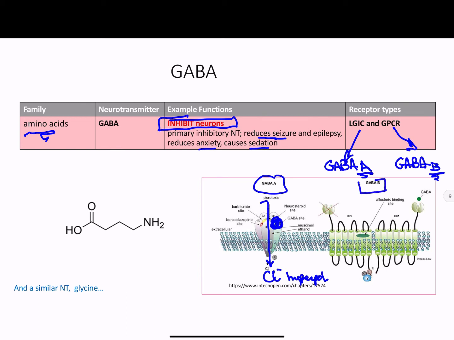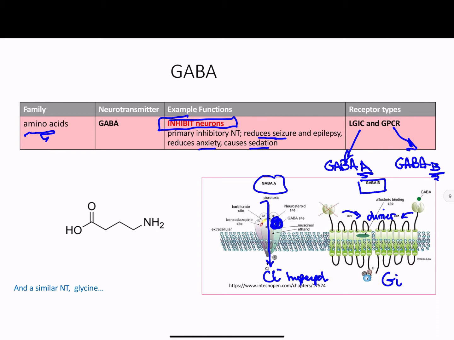With GABA-B, you need to know that it's a G-protein coupled receptor, Gi coupled, because that's the inhibitory G-protein. Again, you don't need to memorize this structure, but I just want to point out that if this looks like a really weird G-protein coupled receptor, it's because it's actually a dimer. You have two GABA-B receptors that have come together into a functional dimer receptor.